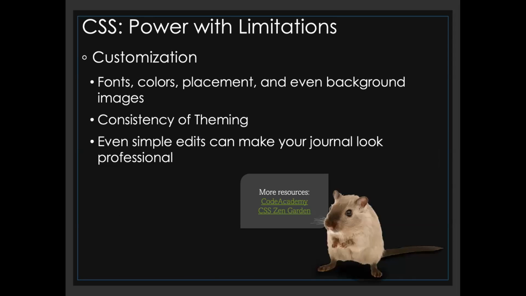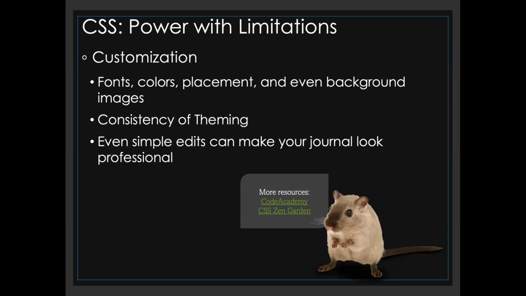Okay. And how do we do all of this, you ask? Well, through CSS. CSS is a complementary programming language that basically allows you to customize the style of your HTML. So it's a good way to make sure that you have consistency throughout all of your pages on your journal.